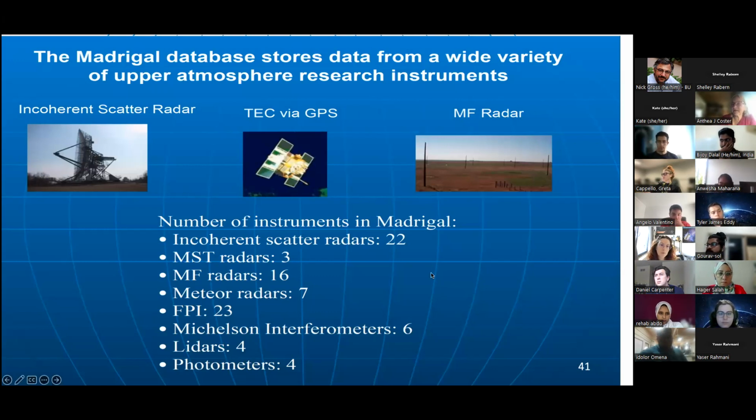There's data from 22 different incoherent scatter radars, 3 MST radars, 16 MF radars, 7 meteor radars, and that's probably going to increase soon, 23 Fabry-Perot interferometers, 6 Michelson interferometers, 4 LIDARs, 4 photometers, and the GPS data.